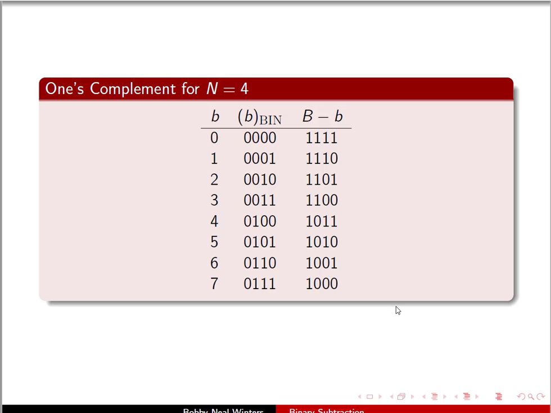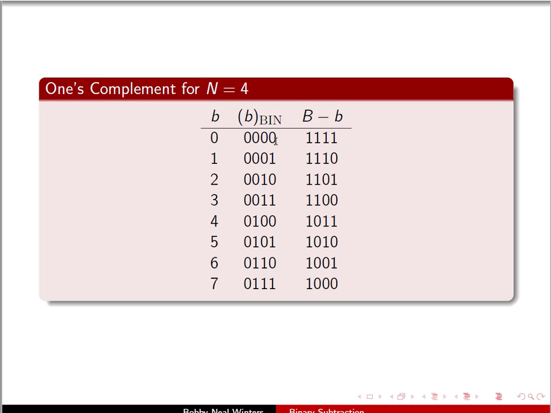All right, so what we want to do here is to define the ones complement. So let's start off. I'm just having b being a number, and I'm going to be interested in 0, 1, 2, 3, 4, 5, 6, 7. I represent this as binary.